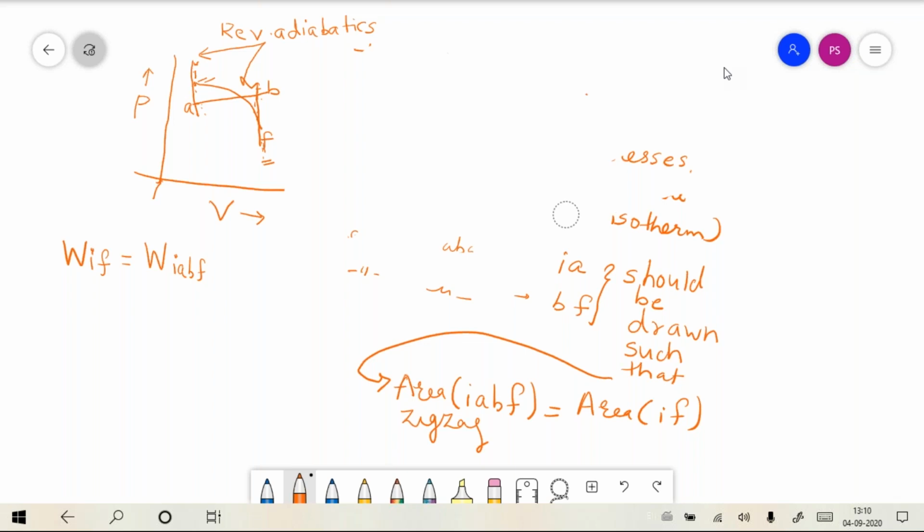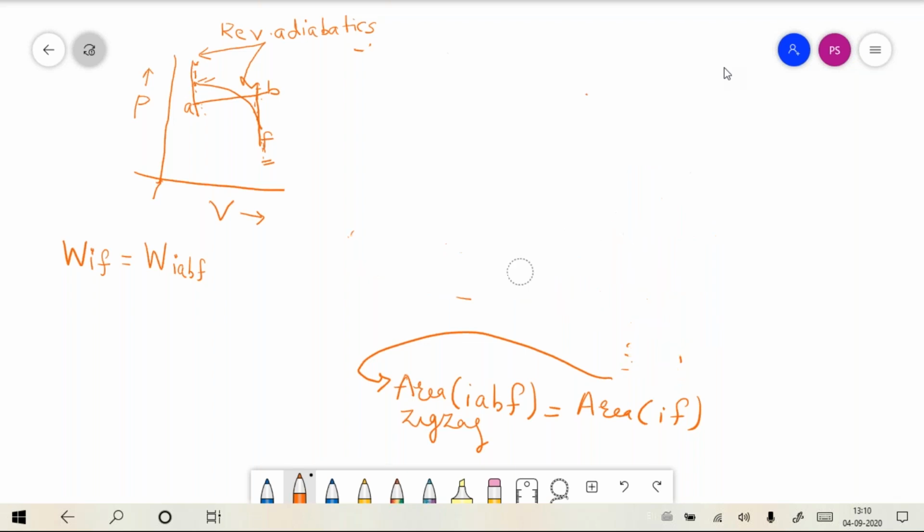Let me choose another color. Right, so let us apply the first law of thermodynamics to the reversible process I to F. What is the mathematical statement of the first law of thermodynamics?